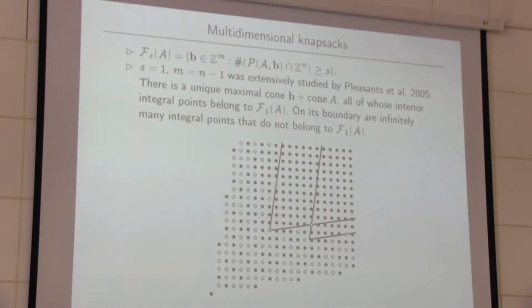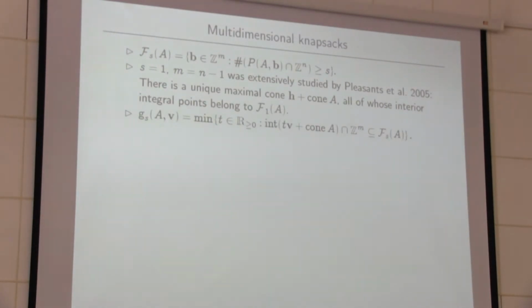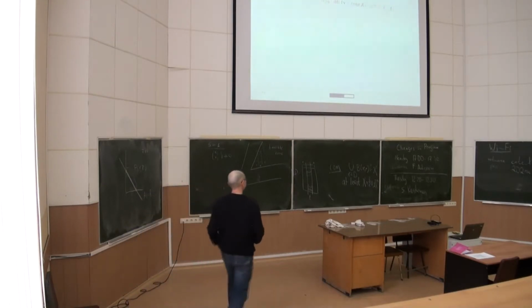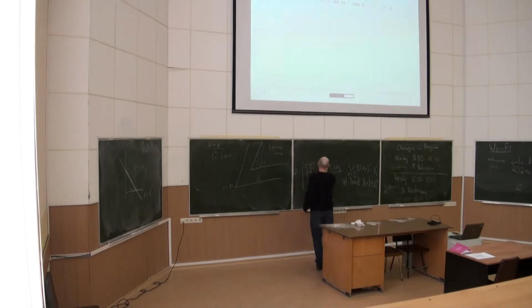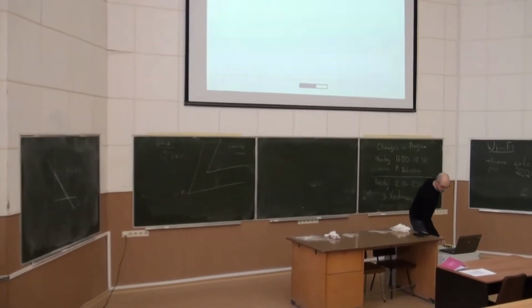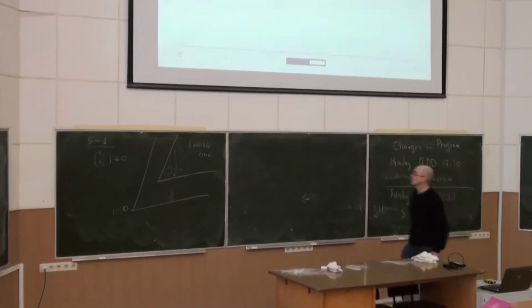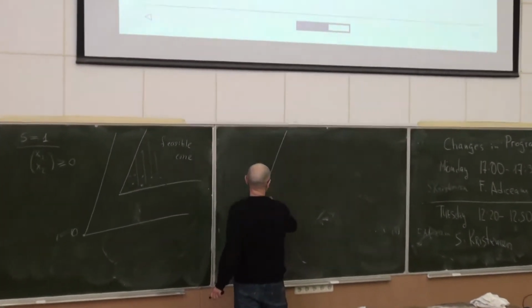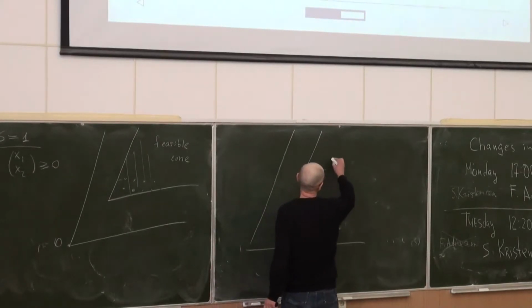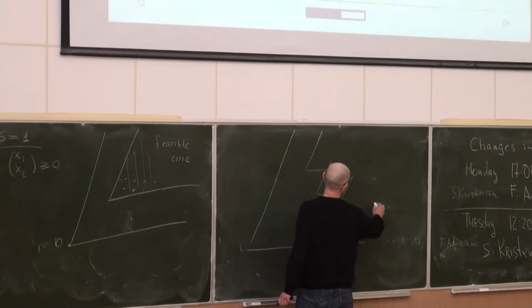So here in the picture you can see two cones which are maximal with respect to inclusion. Right, so in the general case, we know that this maximal cone may be not unique. There might be several of them.